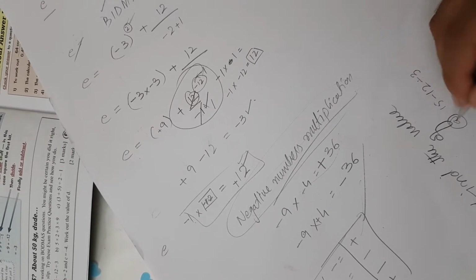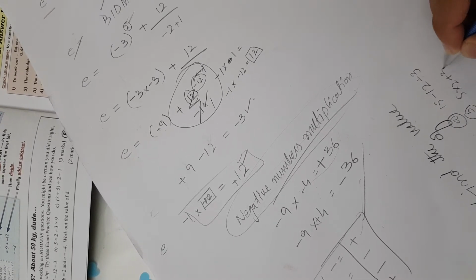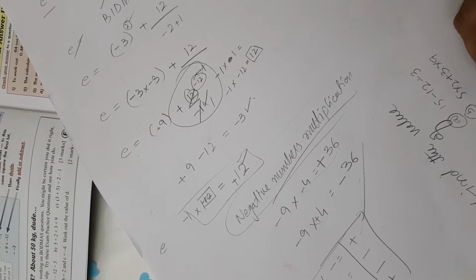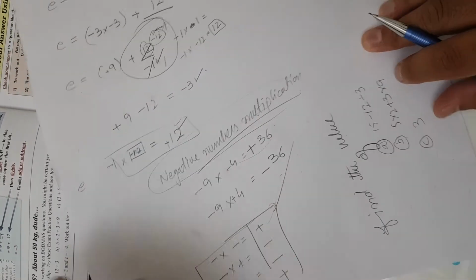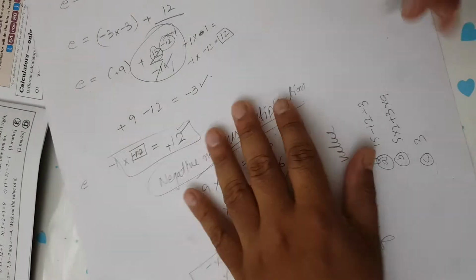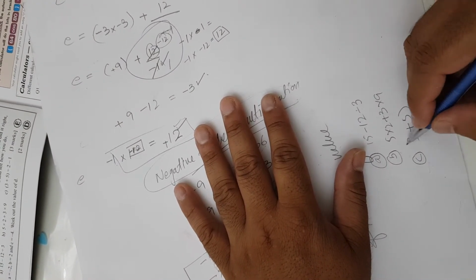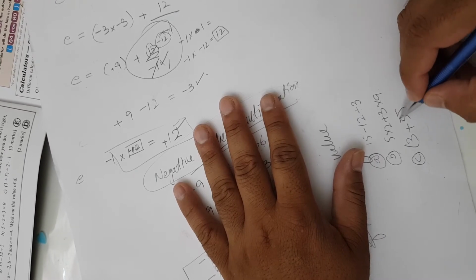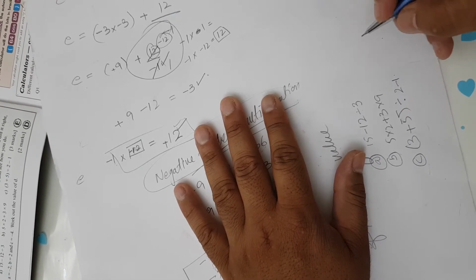This is the A part. B part says 5 times 2 plus 3 times 9. And C part is 3 plus 5, bracket goes on, and divided by 2 negative 1.